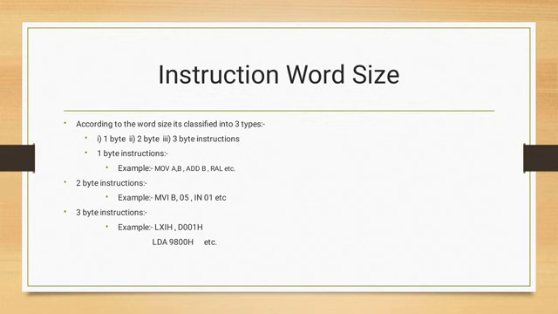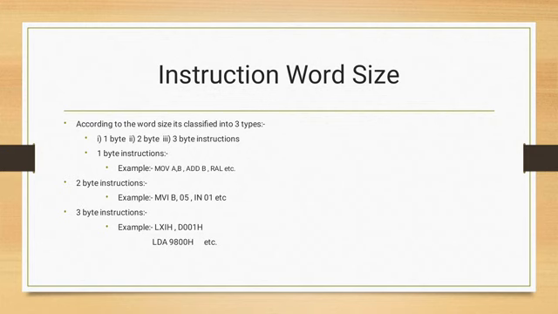Before going to the specific operation of LXI H D001, a 3 byte instruction means the first byte of the instruction is the opcode, and the second and third bytes are either 16-bit data or 16-bit address.